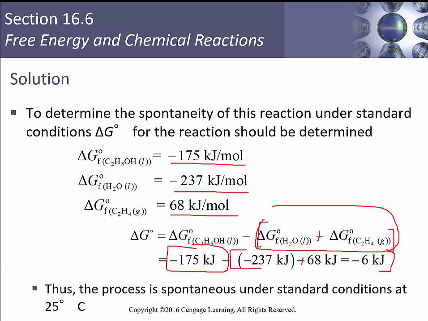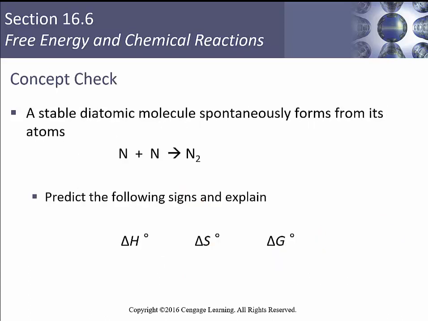We're going to end up with minus 6 kilojoules, so it's just barely spontaneous under standard conditions at 25 degrees C. Does that make it economically viable? Probably not, because where are you going to get that ethylene from? But it is spontaneous.